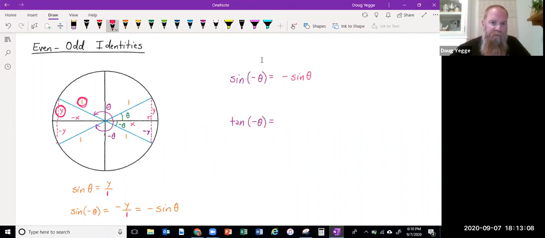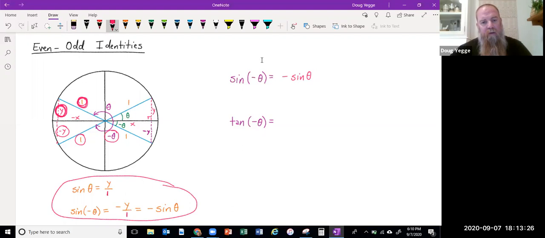Well, now if I take a look over here, sine of theta is still y over 1, okay? But if I now look at sine of negative theta going in the opposite direction, then I see that it's negative y over 1. It doesn't matter what quadrant we're in, this still is satisfied.